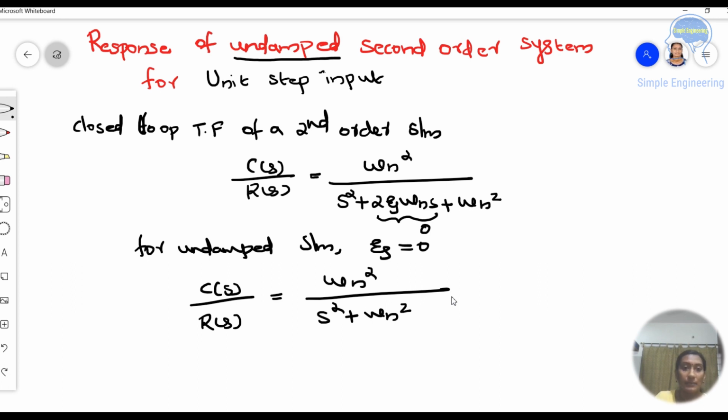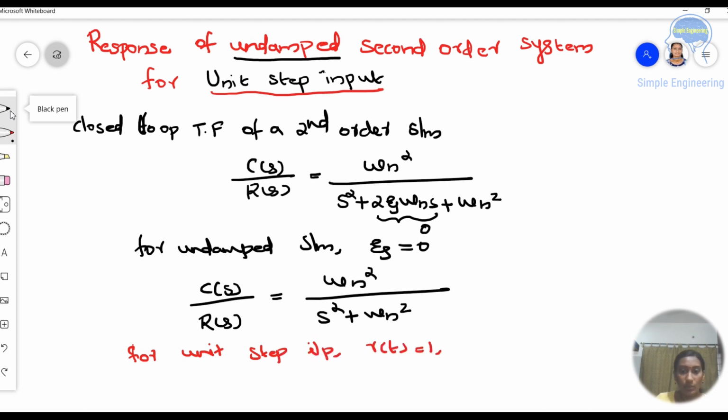Next, we have to find the response for a unit step input. We know that for a unit step input, r(t) is equal to 1 and R(S) is equal to 1/S. So you have to substitute over here.